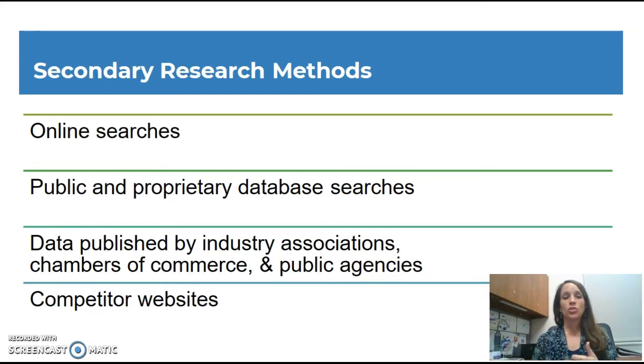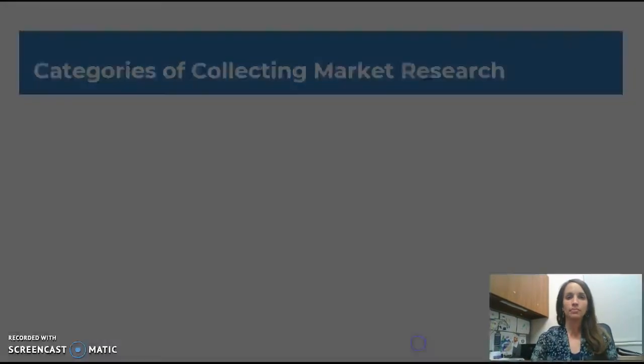Data published by industry associations, chambers of commerce, and other public agencies. Government entities often have a lot of research they conduct and put out in the public, and they're great resources for businesses. And then finally, competitor websites often have a lot of information that's useful to you when you're researching your customers, your industry, and of course your competitors.